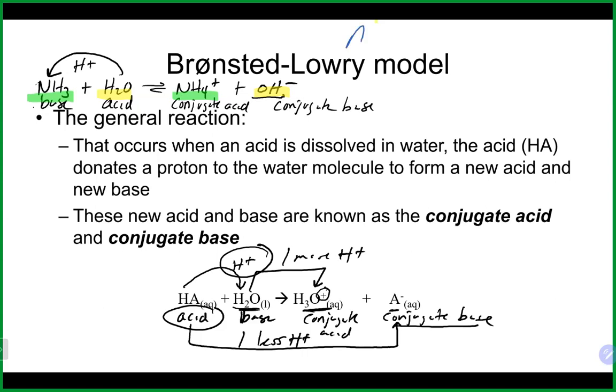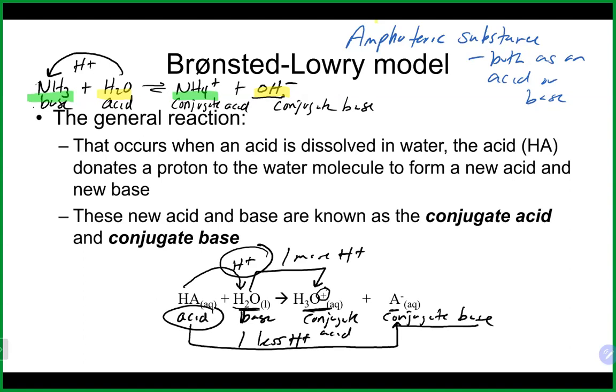So an amphoteric substance is something that could act as either an acid or a base. And water, again, is an example of that. In certain situations, it could be an acid. In other situations, it can be a base. And again, the only difference between those two things is a one H plus difference.